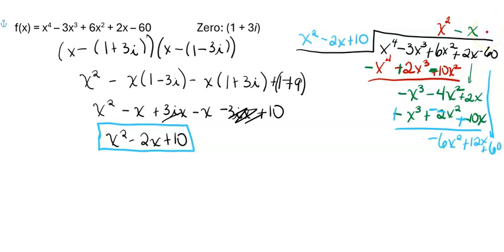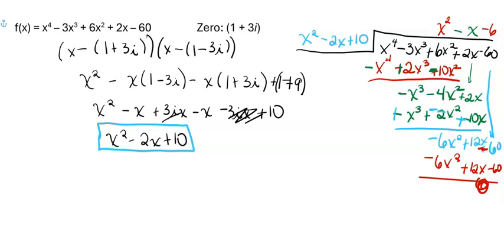Now I have to turn my x squared into negative 6x squared, so I multiply it by negative 6. Negative 6 times x squared is negative 6x squared. Negative 6 times negative 2x is positive 12x. And negative 6 times 10 is negative 60. When I subtract all these, I get my remainder as 0.